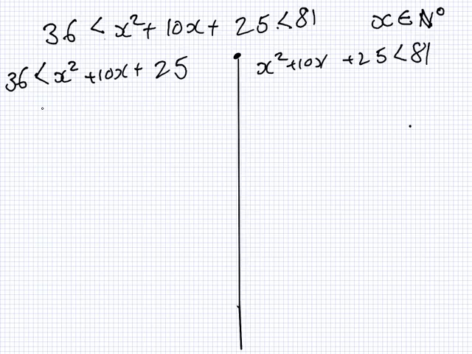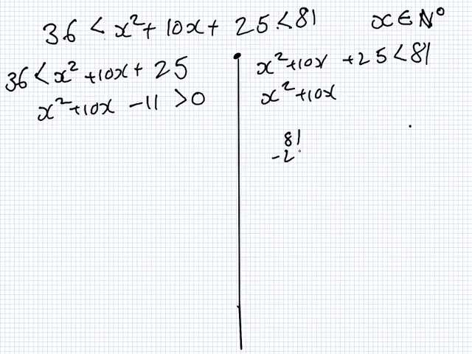And then this is x squared plus 10x minus 11 bigger than 0. And x squared plus 10x minus 56 less than 0.